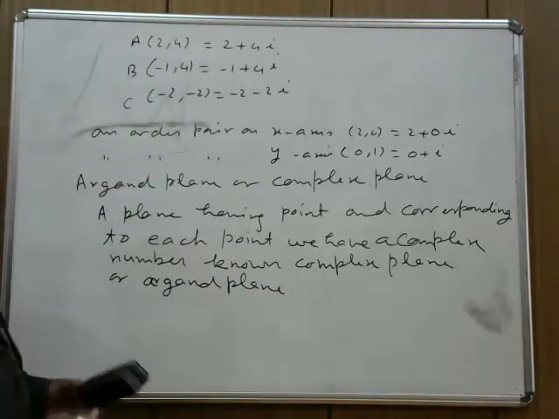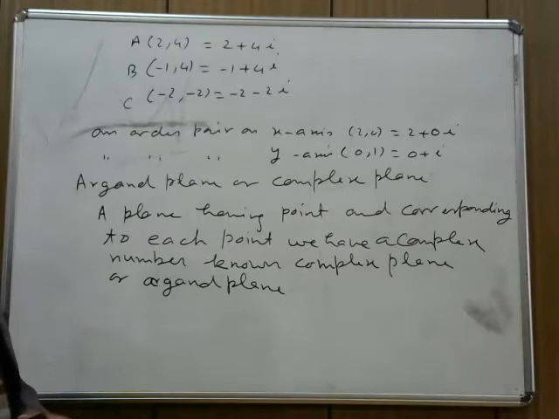Once again, I am repeating this. Complex plane is a plane having points, and corresponding to each point we have a complex number, known as the complex plane or Argand plane.